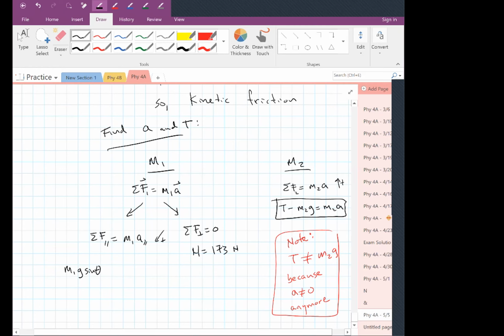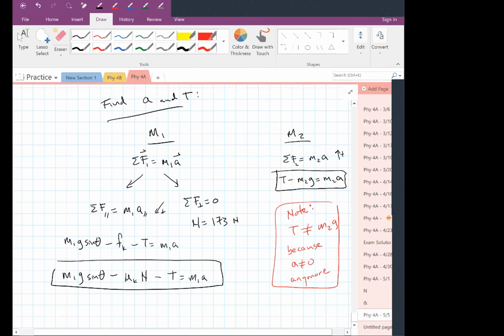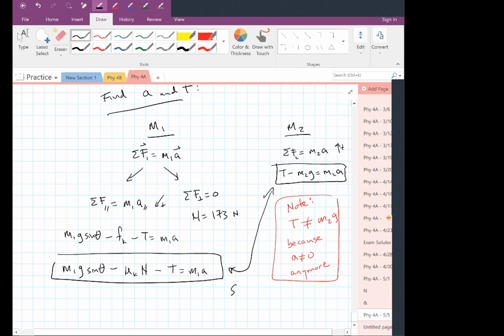M1 g sine theta is the force in the positive direction. In the negative direction, I've got friction and tension. Those add up to be M1 a. I have to plug in friction. I can't leave it like that. I have to put it in terms of things I know: M1 g sine theta, mu K times my normal force. I know my normal force. So there's my other equation. Now I can solve for acceleration and tension.